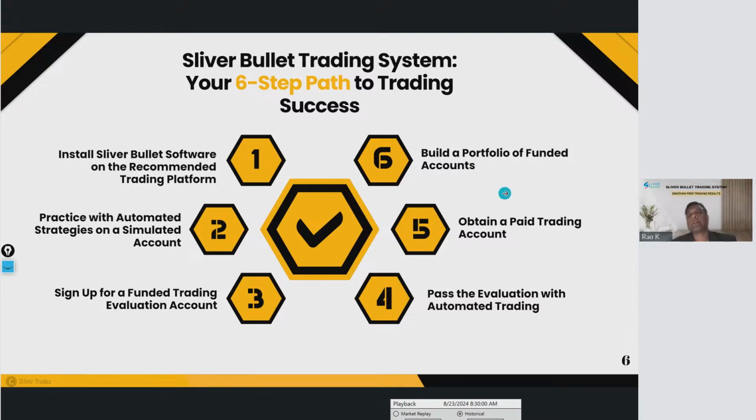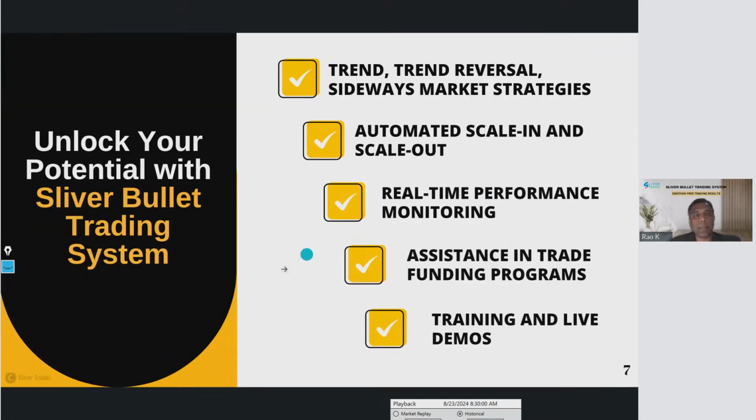So that's the model here as well. You start building an empire, you start building a portfolio of funded accounts, and create a money making machine for yourself. So that's when the magic happens. Then that's when you can multiply your income just by trading 1 hour a day.